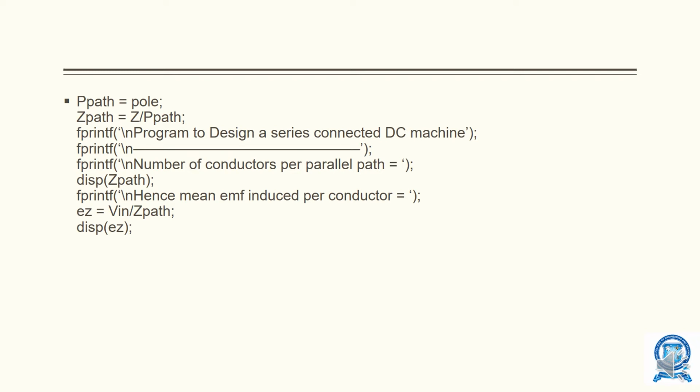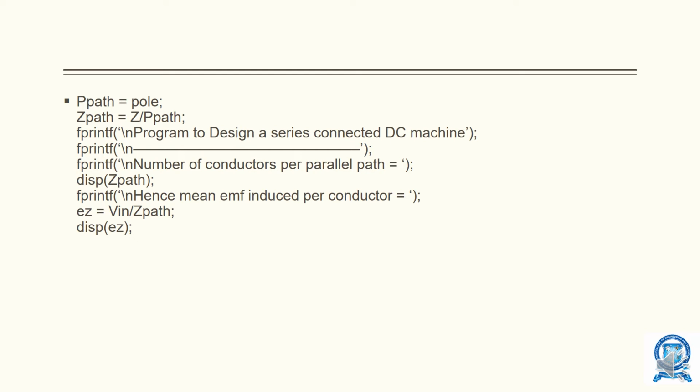These things will be displayed in the output screen also. If you want to display a calculated value, see the fifth line, number of conductors per parallel path, this will be displayed, which is equal to a numerical value. This numerical value we have already calculated, that is Z path.